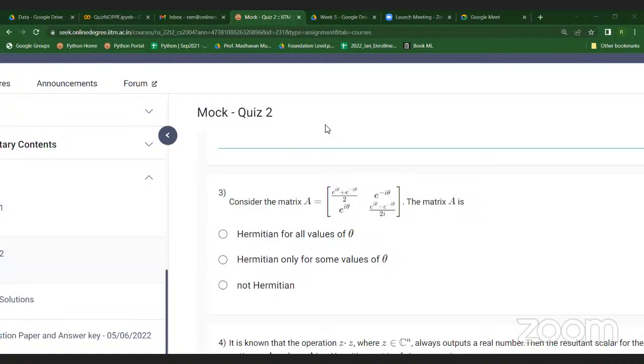Let's just decompose this. What is e power i theta? e power i theta is cos theta plus i sin theta. Am I correct?